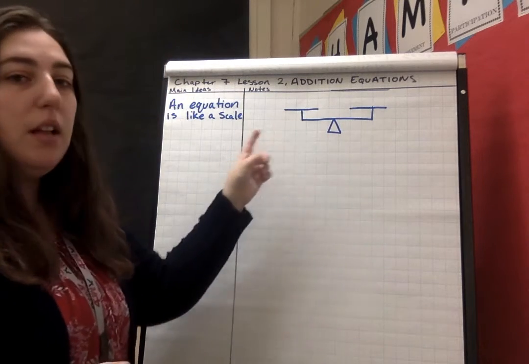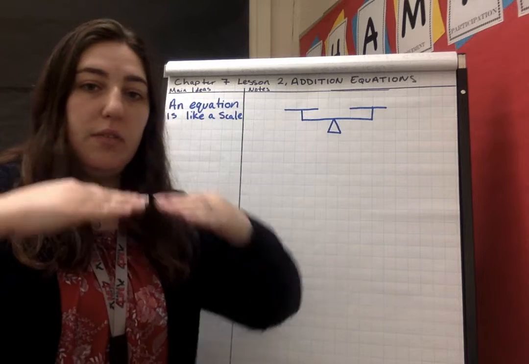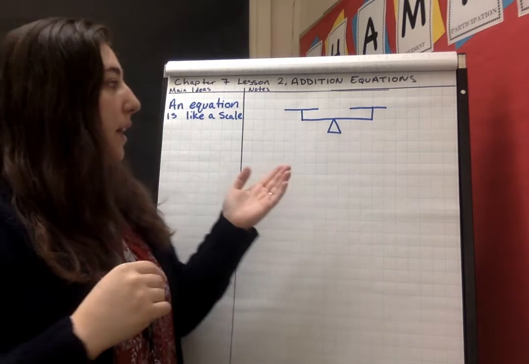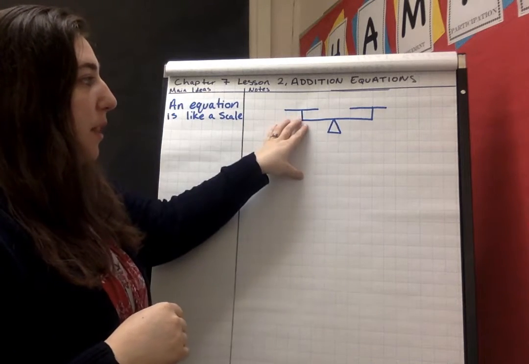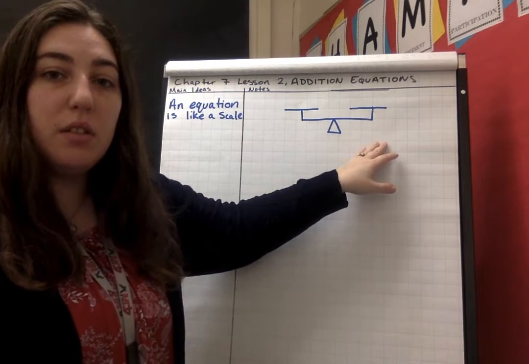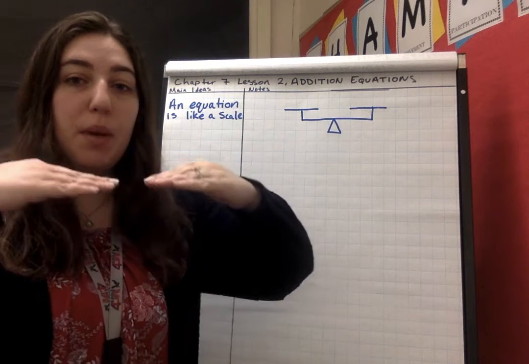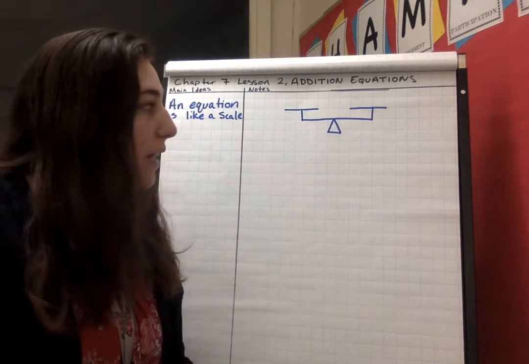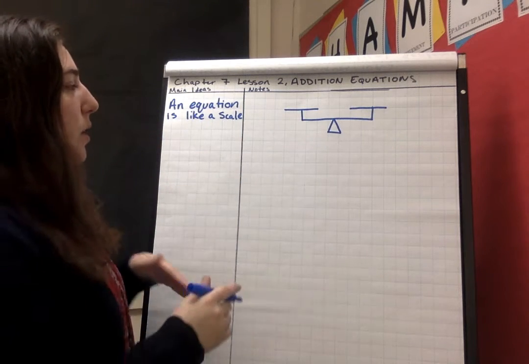And right now the scale is balanced, right? It's even, okay? But if we added something on this side, it might tilt, and if we added something on that side, it might tilt, okay? We want to keep it balanced though. So that's our goal throughout equations.